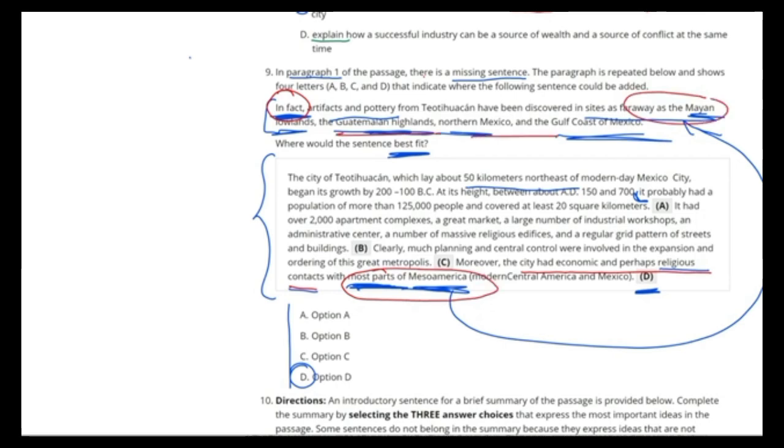They talk about, guys, artifacts and pottery that were discovered in these areas. And if artifacts and pottery are discovered in these areas, this strengthens the idea that the city had economic and perhaps religious contacts with most parts of Mesoamerica, and that's why D is the correct answer.